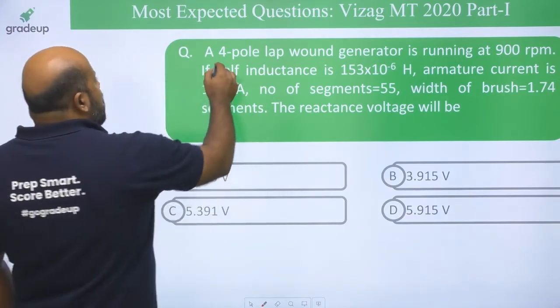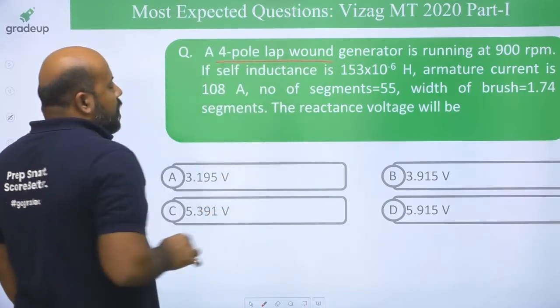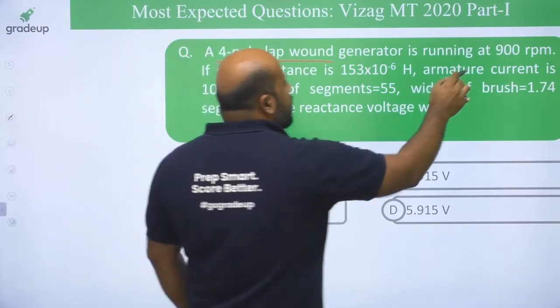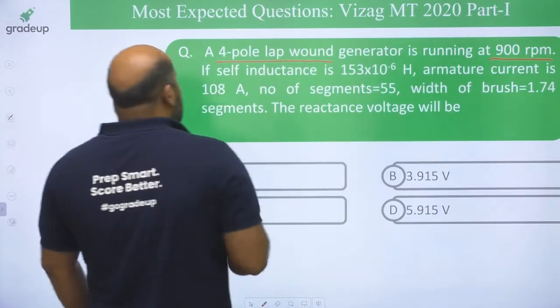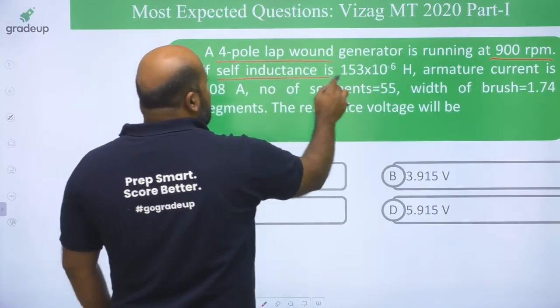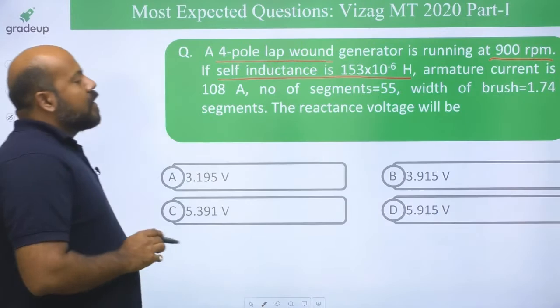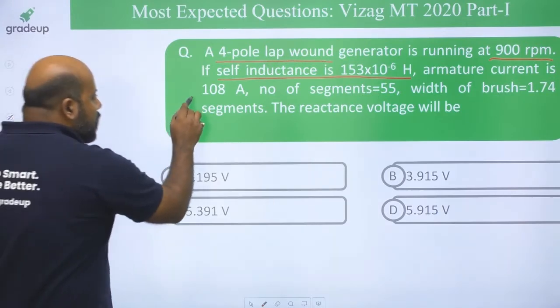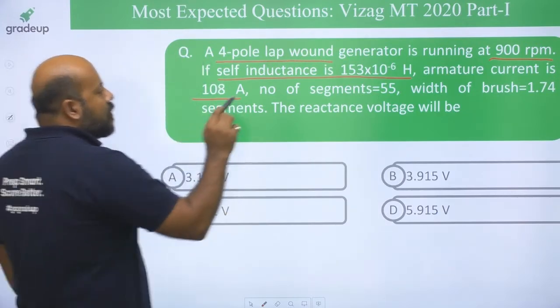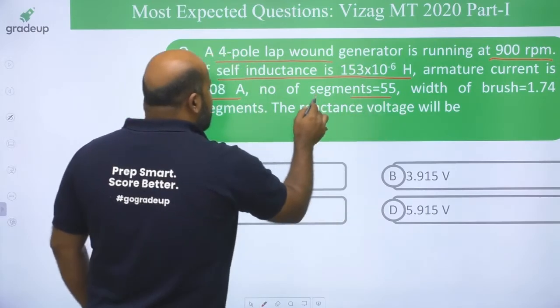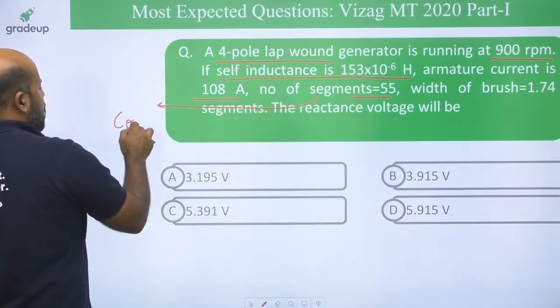Now see, just try to read this question and see what we are supposed to do here. There is a 4-pole lap wound generator which is running at 900 RPM. If self-inductance is this much Henry, armature current is 108 amperes and number of segments, what is this? This is commutator segments.